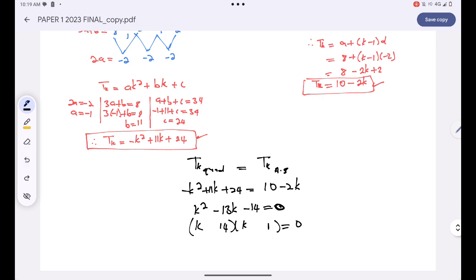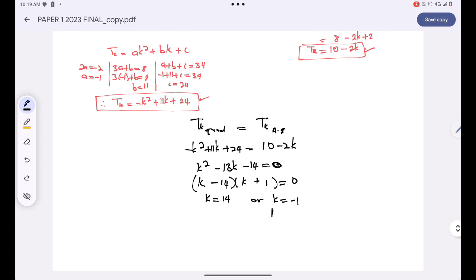That means my brackets should have different signs. The bigger factor will take the sign of the middle term. 14 is bigger than 1, and hence the sign of the middle term goes there, and the alternative sign will be on the other bracket. Hence k is equal to 14, or k is equal to negative 1.